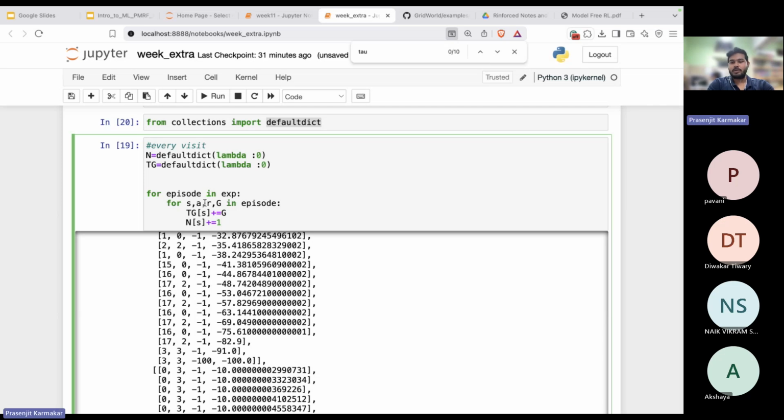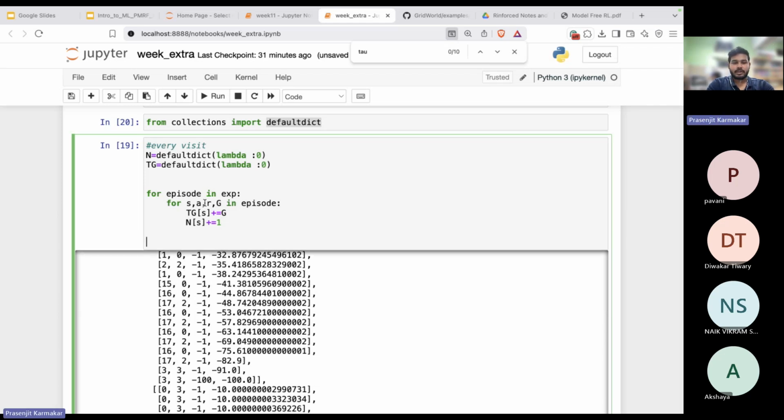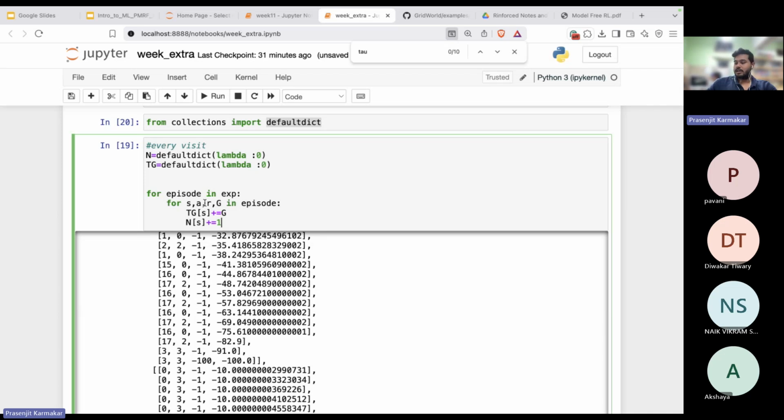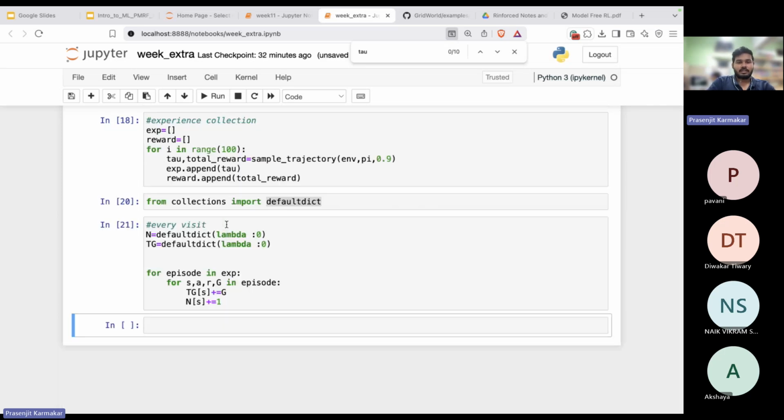Now you look through all the possible visits and returns you have seen for all the states. After this, you have a good estimate of the total return you see from any state and the total number of visits. Now you can compute an average. If I just run this, it's over, right?